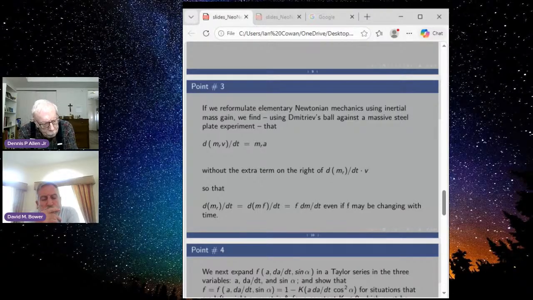The pseudomass does not obey that two-term derivative when you take the derivative of the velocity times the R mass, or the pseudomass. So that surprised me, but it's not the end of the world. It's something that I got from an experiment, and I just had to conform to it.